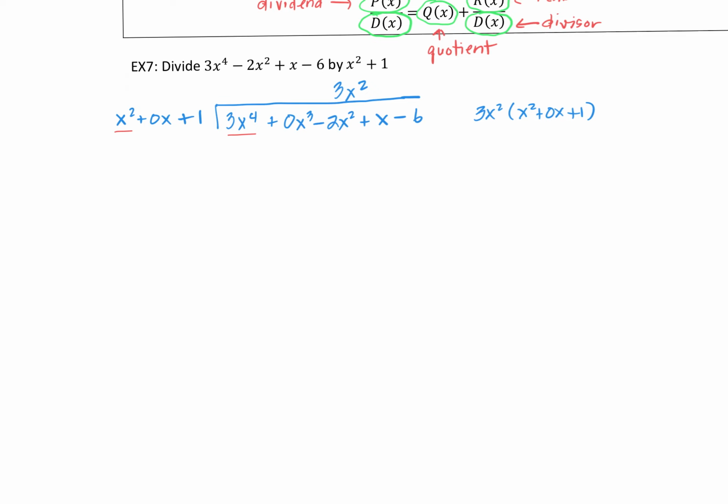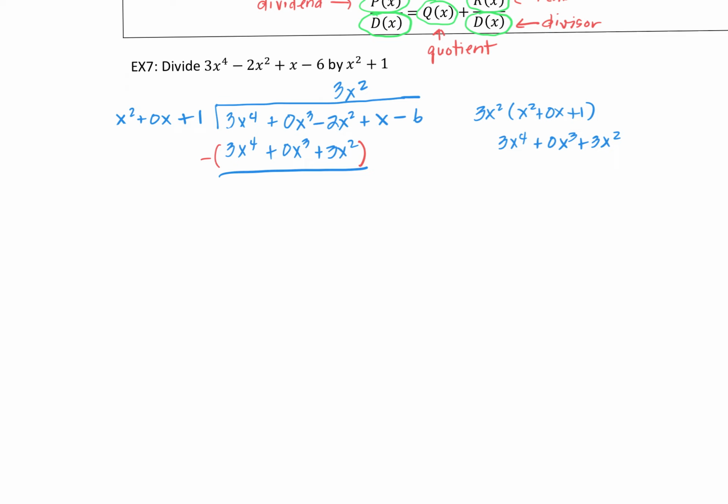And when you do that multiplication, you should get 3x to the fourth plus 0x to the third plus 3x squared. And that's what you would put underneath this 3x to the fourth, and we subtract down.